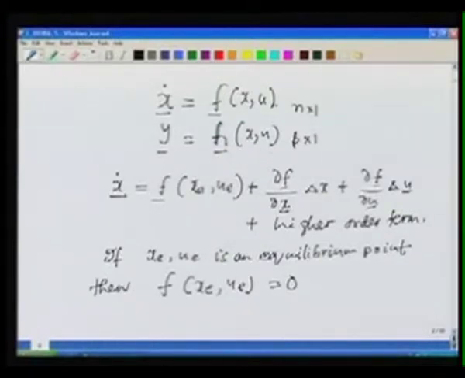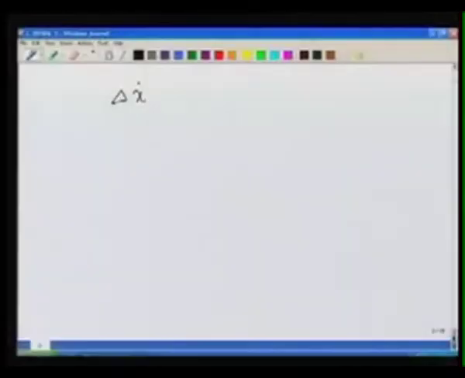So, the linearized system around x e and u e is given by delta x dot equal to del f by del x at x e, u e, delta x plus del f by del u delta u.